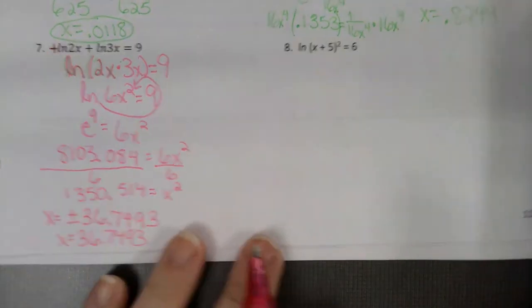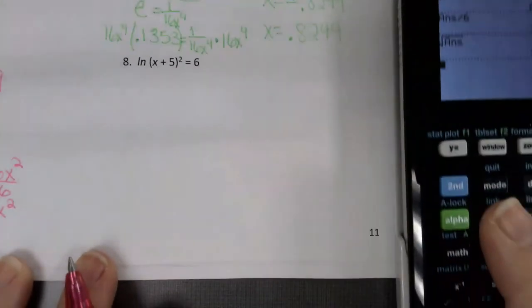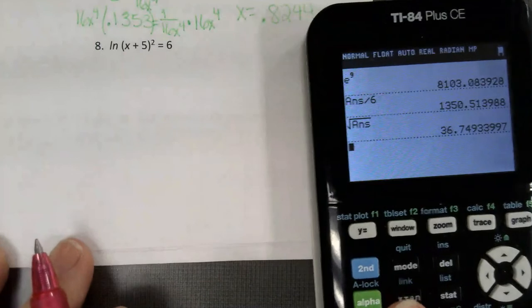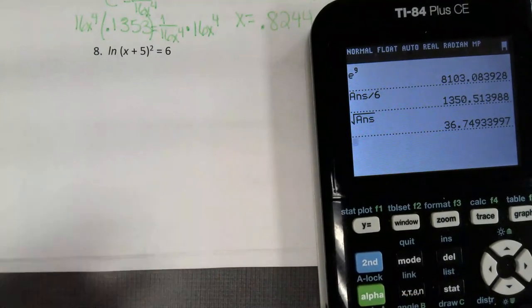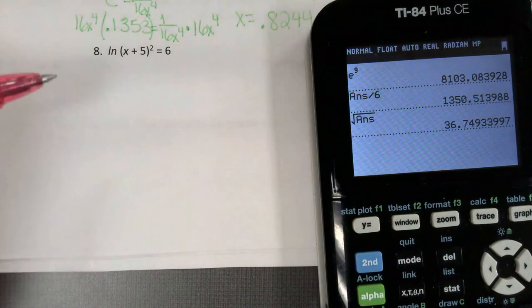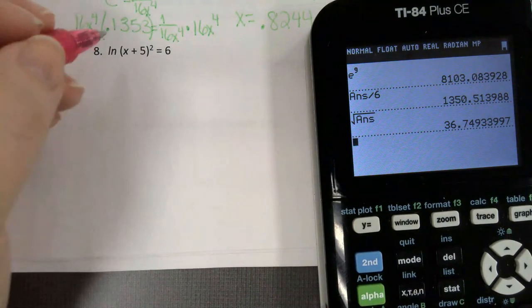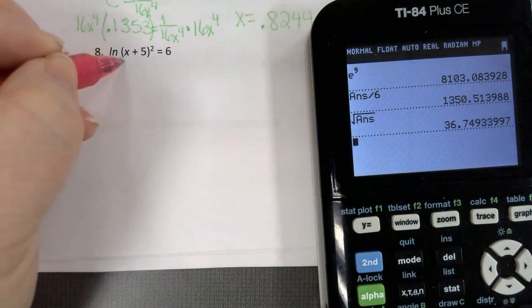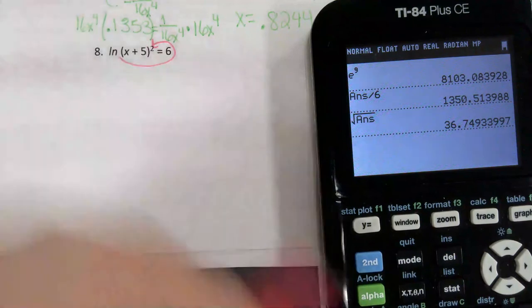Last one. Good job sticking through this to the end. Now we're going to keep this 2 where it is. So I'm going to need to change this into exponential form because my log's already by itself.